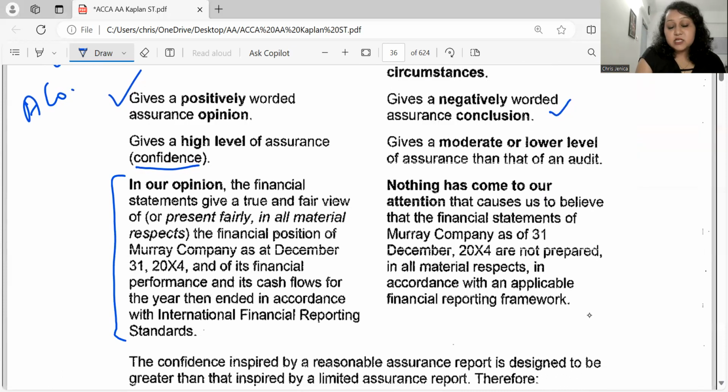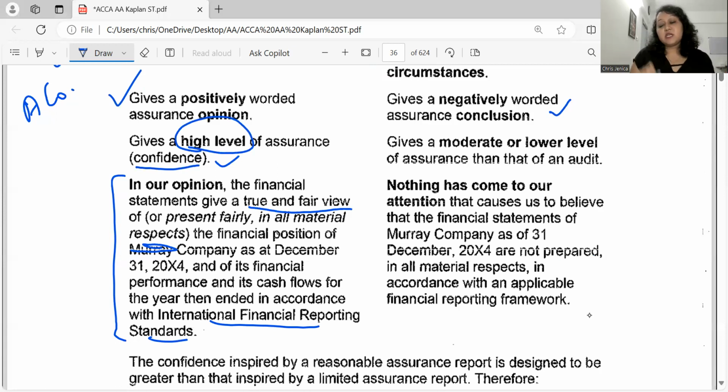In our opinion, the financial statements give a true and fair view of the financial position of, for example, we have taken a company as at December 31 year ended, and of its financial performance and its cash flows for the year ended in accordance with IFRS. So this is the criteria that we have used. Okay. So this is in a positive way. Directly, we are telling that we are providing a reasonable assurance that the financial statements are true and fair. So this could enhance the confidence of the intended user. Therefore, it's called a high level of assurance.